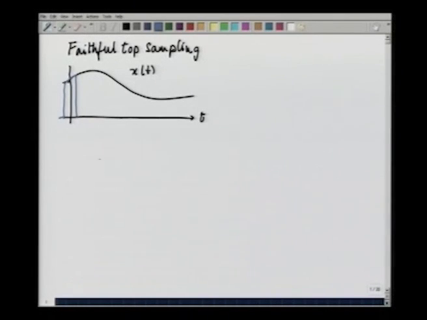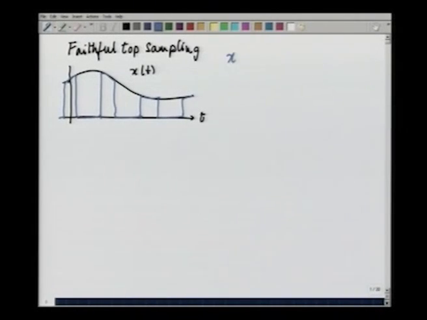That was one pulse. Second pulse, and so on.